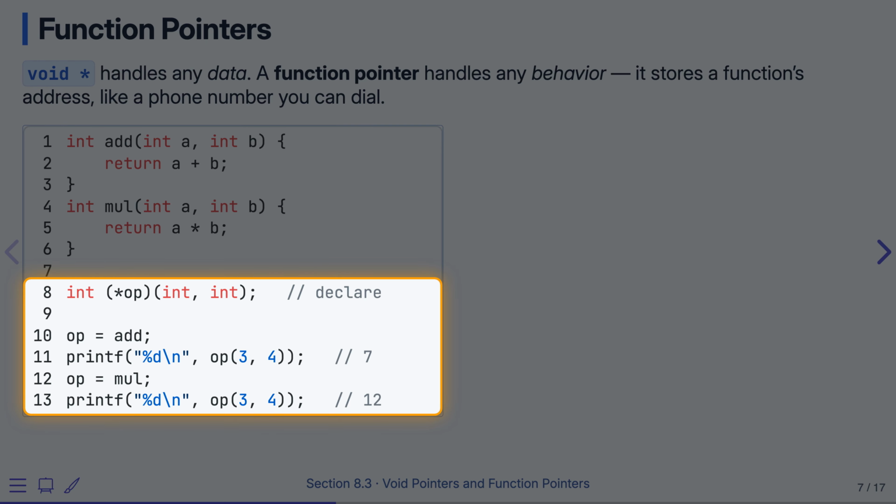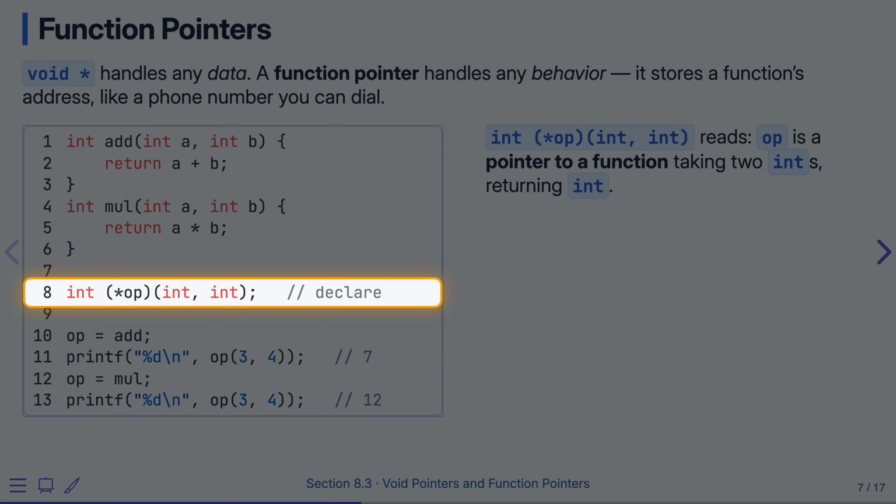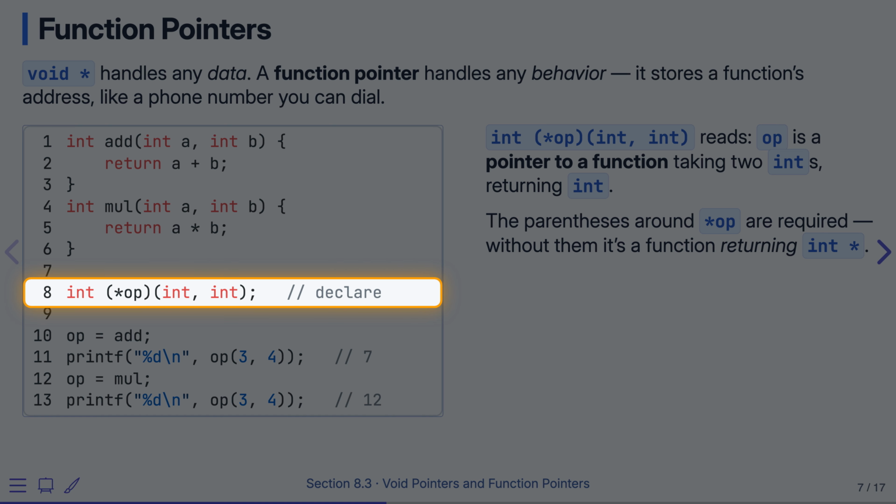We point op at add and call op of 3, 4, which gives 7. Then we point op at mul and the same call gives 12. That declaration reads, op is a pointer to a function taking two ints and returning an int. Those parentheses around star op are critical. Without them, int star op of int, int would declare a function that returns an int star, which is completely different.